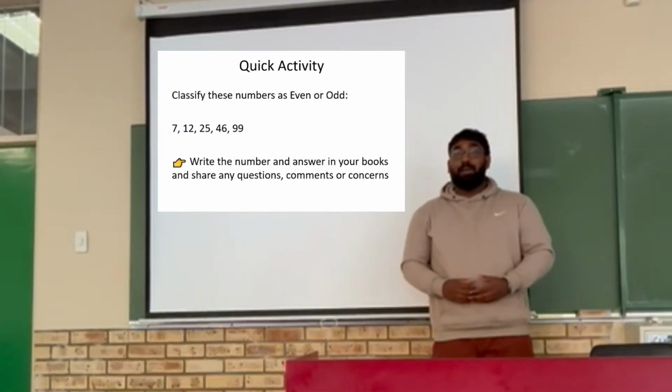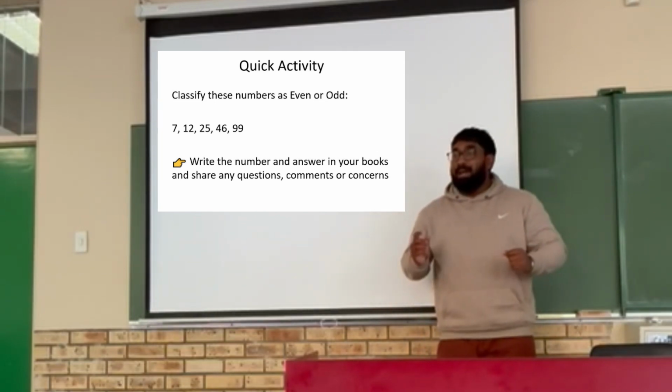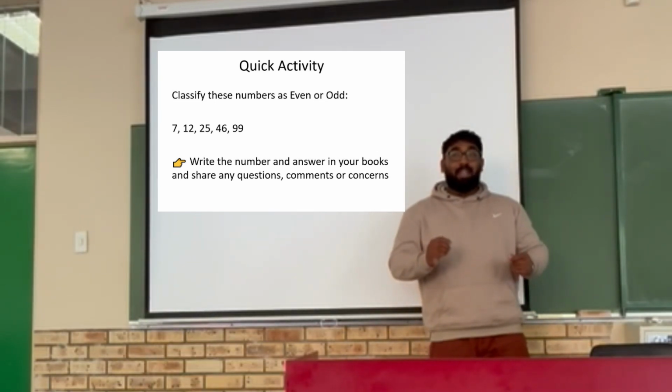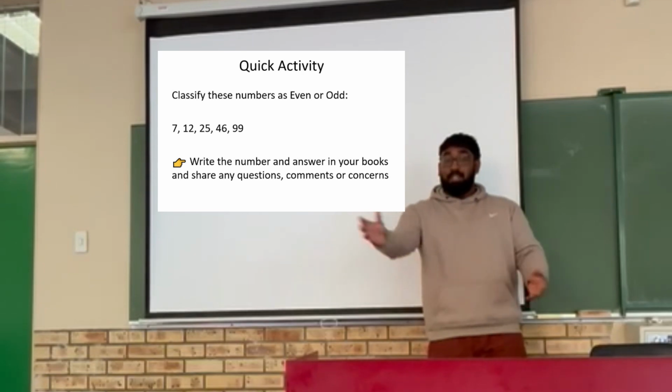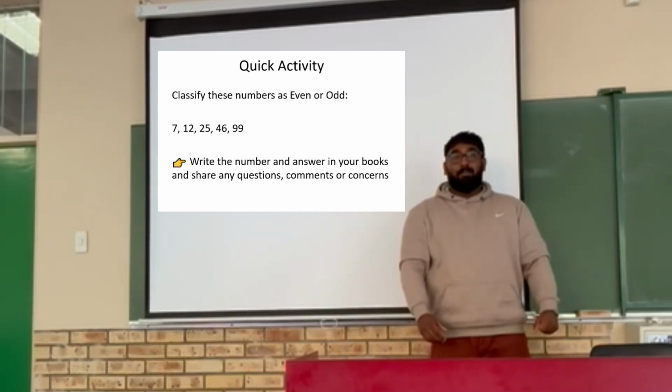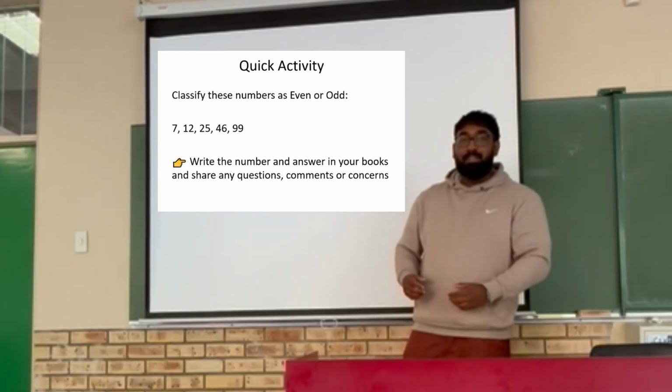Class, let's attempt an activity together. Can you please write down these numbers into your book? The numbers are 7, 12, 25, 46, and 99. Please write them down. Are you done, class? Yes.